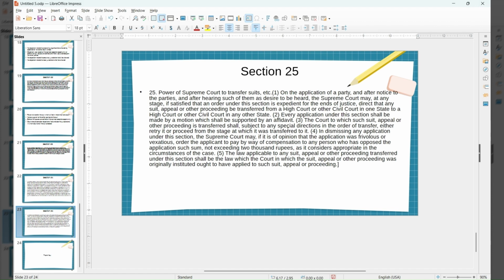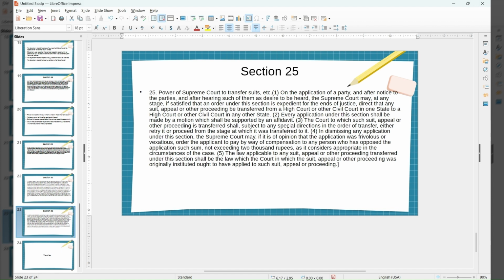In dismissing any application under this section, the Supreme Court may, if it is of the opinion that the application was frivolous or vexatious, order the applicant to pay by way of compensation to any person who has opposed the application such sum not exceeding 2000 rupees as it considers appropriate in the circumstances of the case.